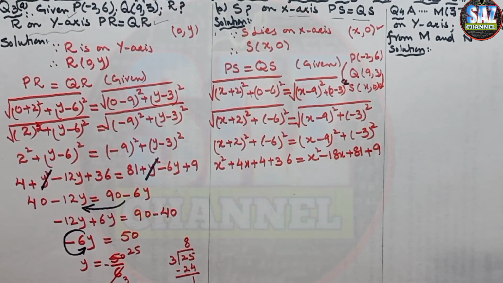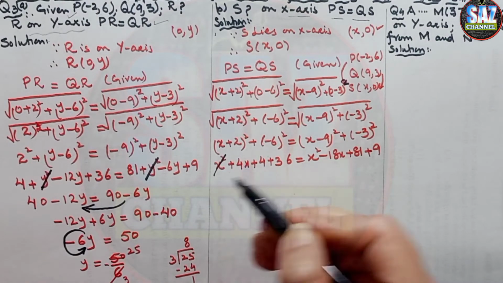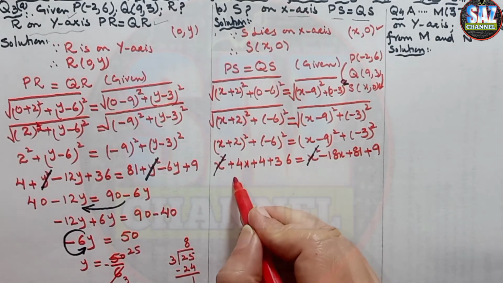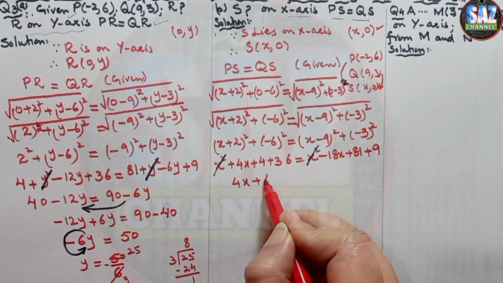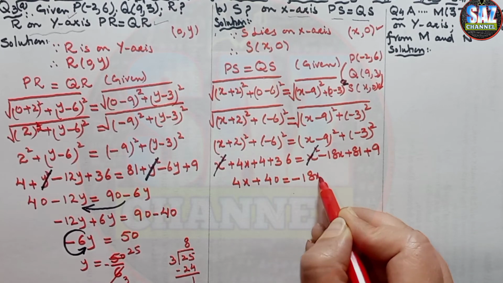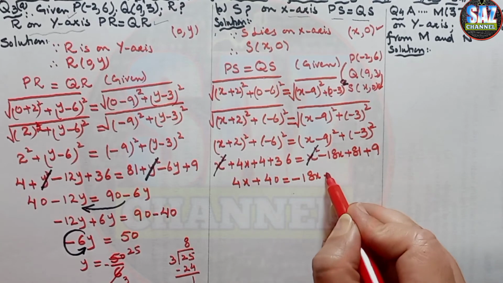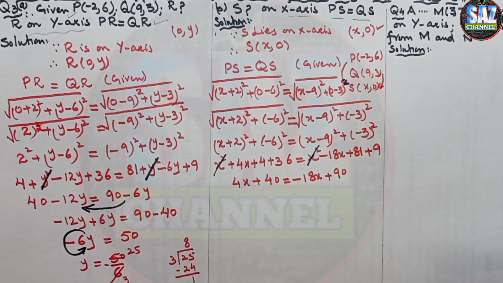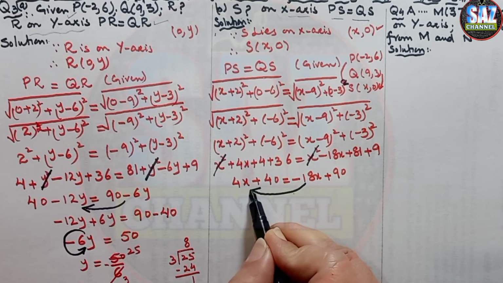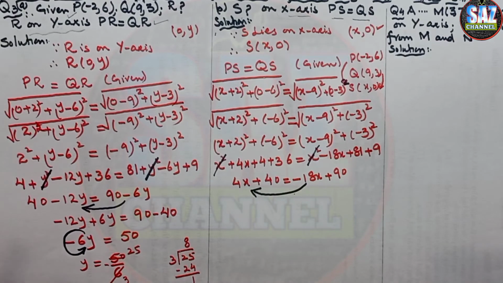Now what we can do is remove this x square term with this x square term easily, and I'm left with 4x plus 40 equals to minus 18x, and 81 plus 9 is 90. Now I have to shift like terms on the same side, and 18x has to be shifted towards 4x on the left hand side.